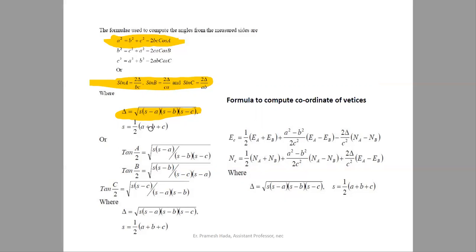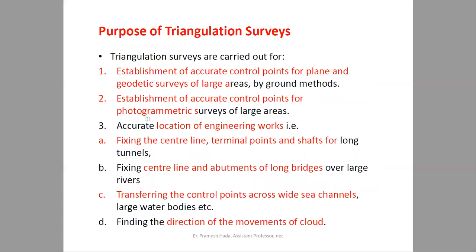So these are required while calculating the area of a triangulated or trilaterated region.